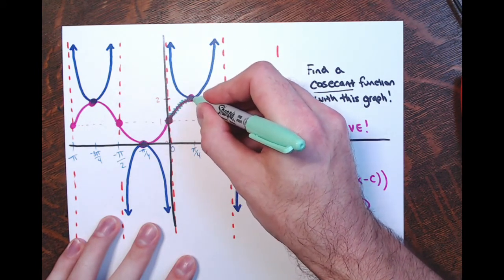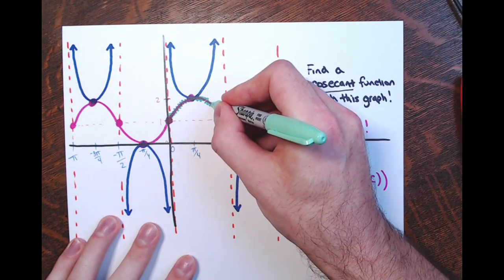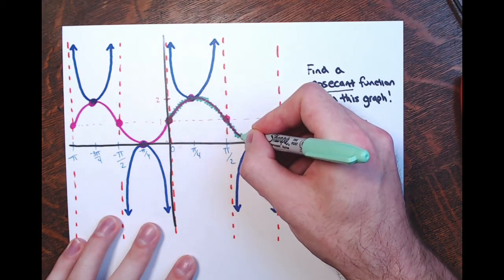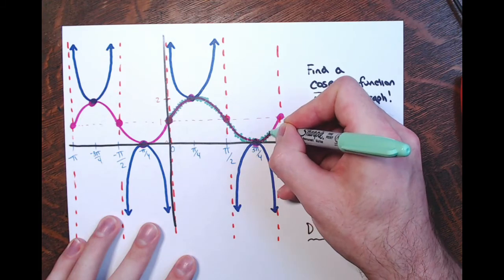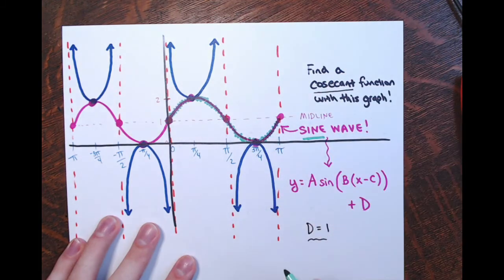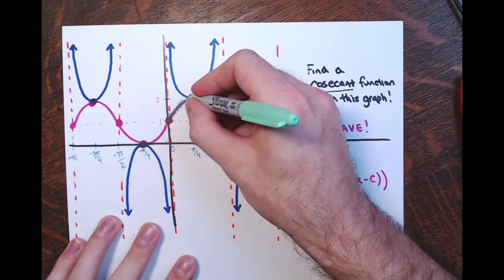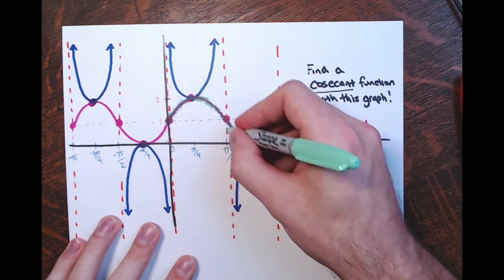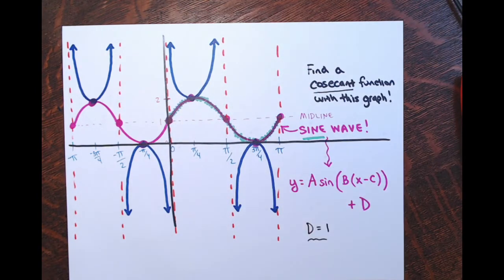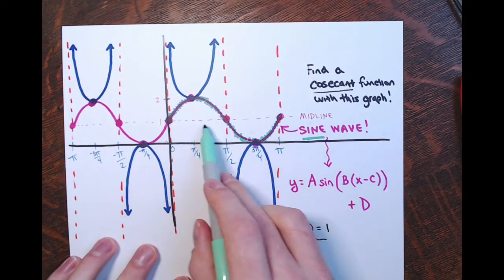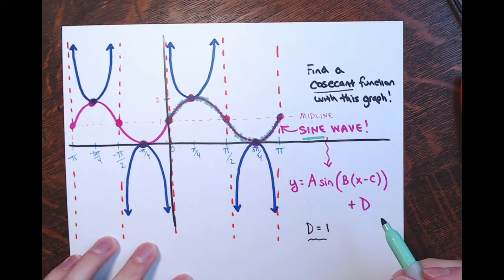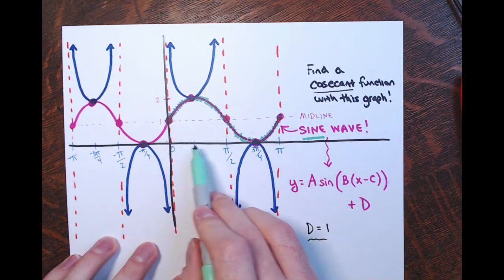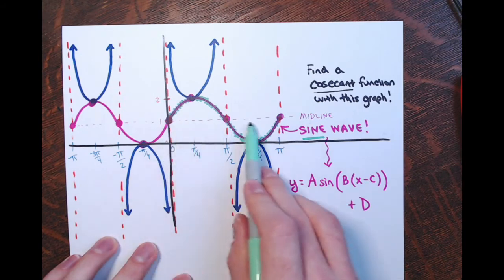So I'm going to highlight this in a light green, a lime green here. Just going to draw one cycle, going up, then down, then up. There's one period of this sine wave. So it's clear to me that the period is pi. See how the period is pi, the length of this one cycle.